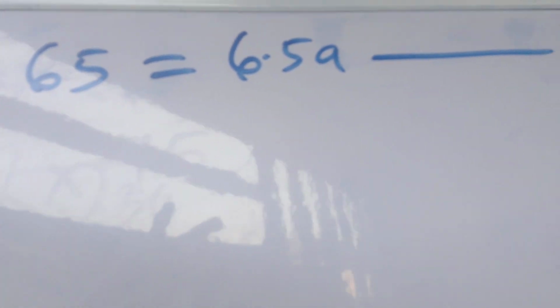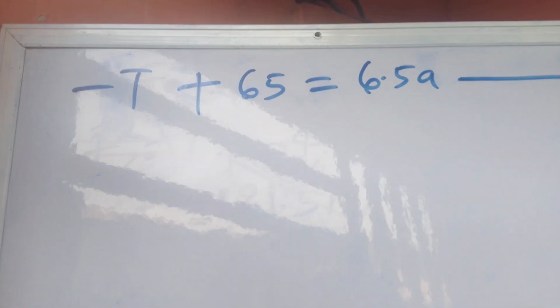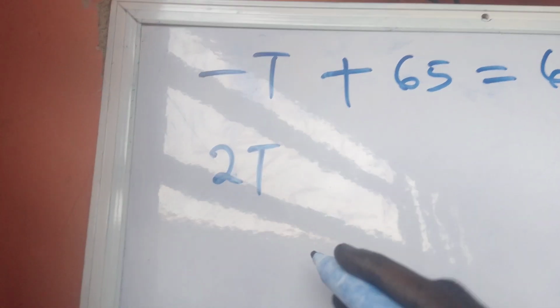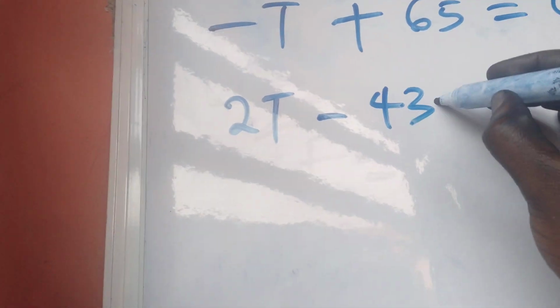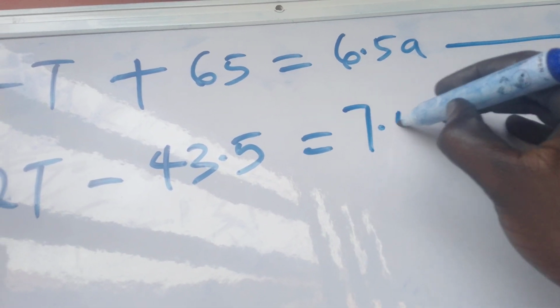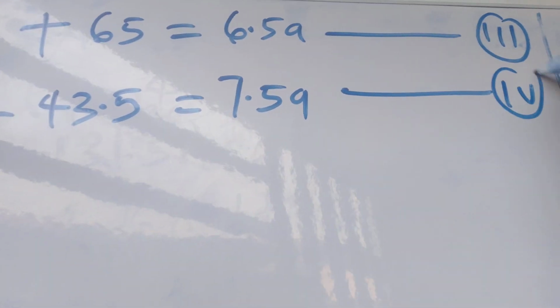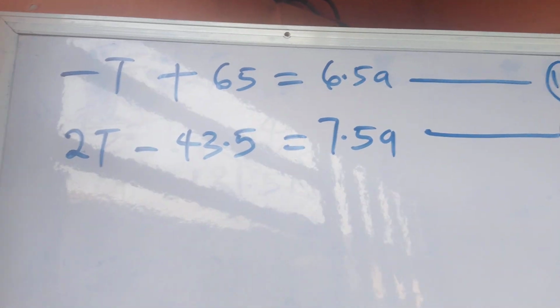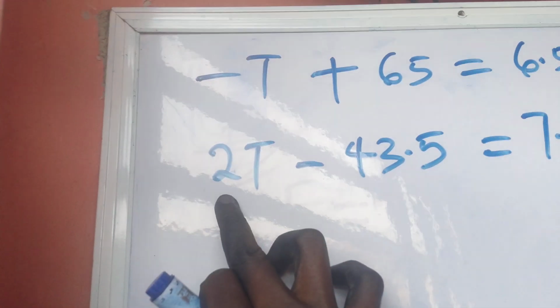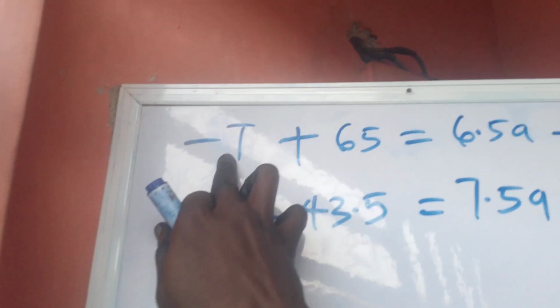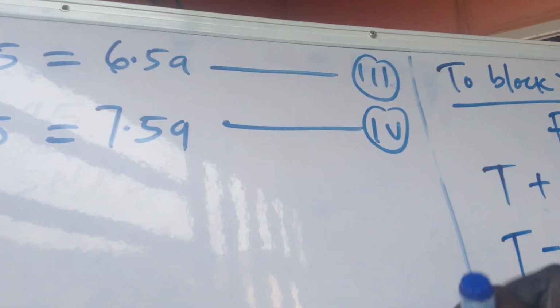And then I'll write equation 4: 2T minus 43.5 is equal to 7.5a. So what do I do now to ensure that they are similar to some extent? I'll use the 2, the coefficient of T in equation 4, to multiply everything in equation 3. Then I'll use minus 1, the coefficient of T in equation 3, to multiply everything in equation 4.